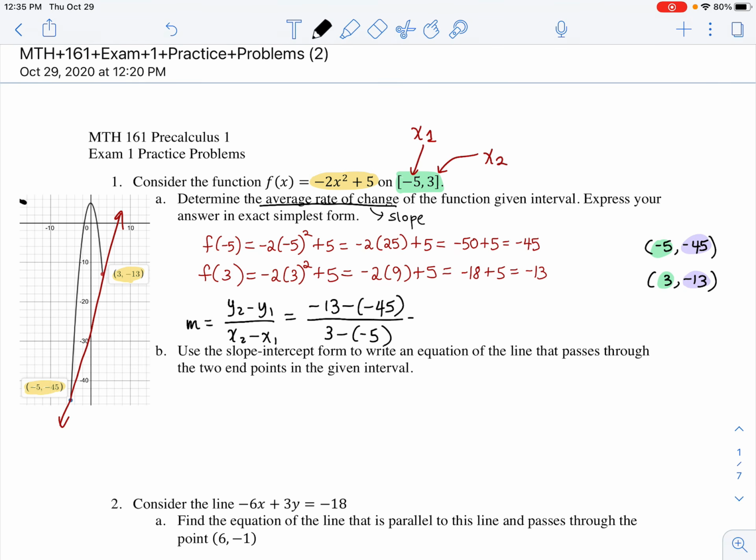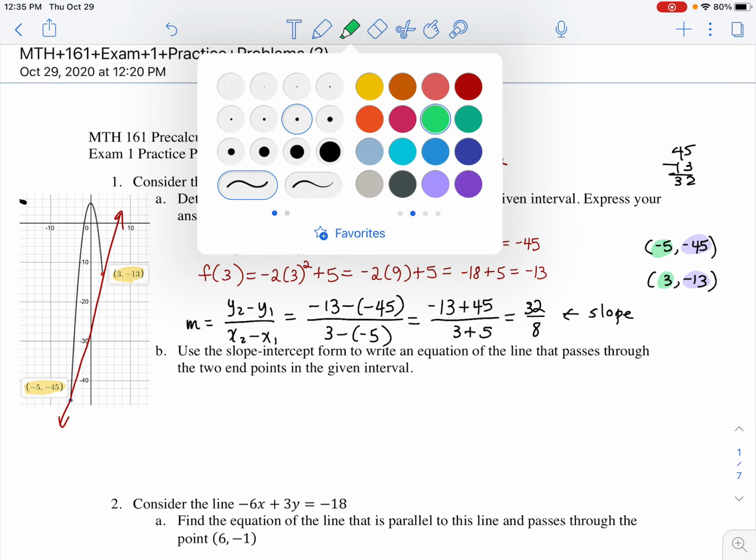The numerator is -13 plus 45. The denominator is 3 plus 5. So the bottom is 8. What is the numerator? 45 minus 13. That's 32. So the slope is 32 over 8.